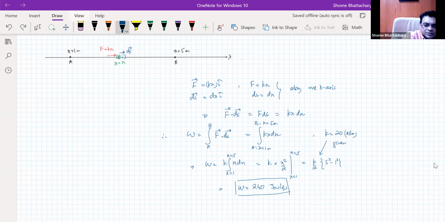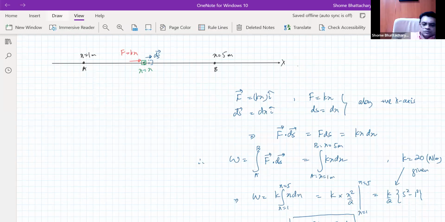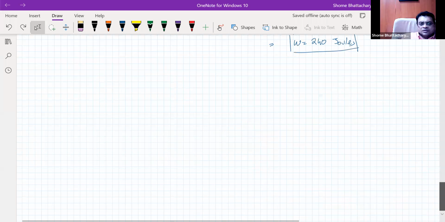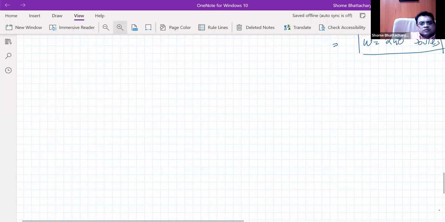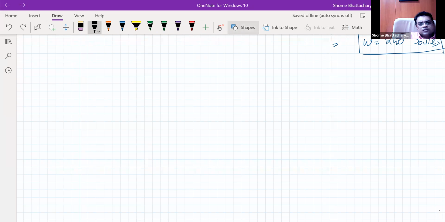So for the next example, we'll take a somewhat familiar example in terms of what we've learned in mechanics before. So this time we will take a situation like this. There is a smooth horizontal surface on which a block is placed, but the block is also attached to a spring. In fact, let's do one thing. Let's take a rough surface, so friction will also come into play.